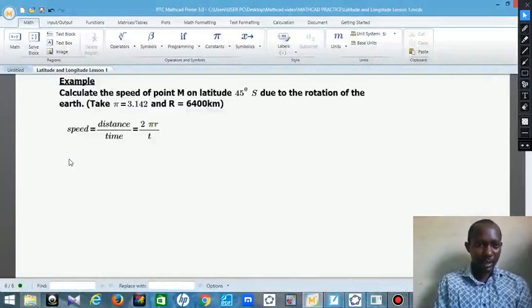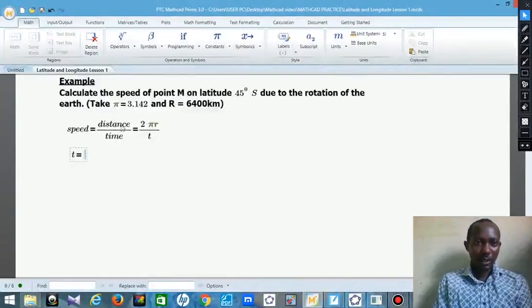Let me start with T. So how do we get our T? You know M is rotating around with the Earth, and we know from our basic science that the Earth takes 24 hours to go around its orbit.